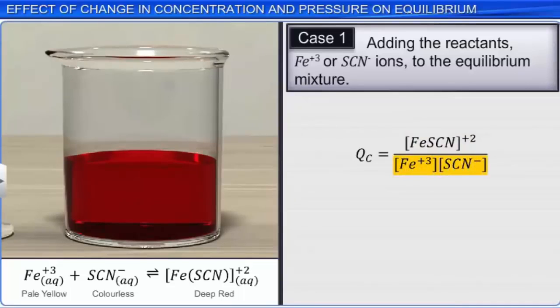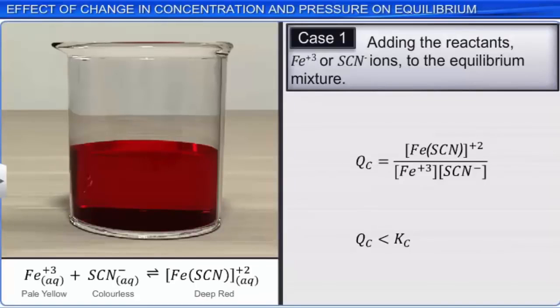On the addition of Fe+3 or SCN- ions to the equilibrium mixture, the denominator value in the expression for reaction quotient increases. This results in a decrease in the value of the reaction quotient. Now, the value of Qc becomes less than Kc. You have already studied that when Qc is less than Kc, the reaction proceeds in the direction of formation of products.